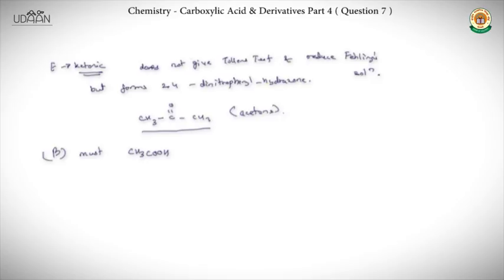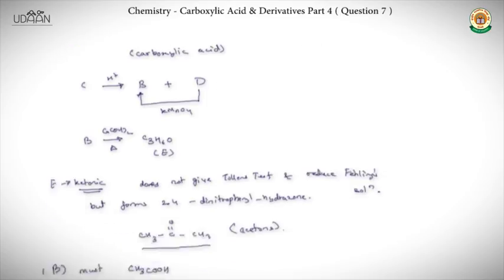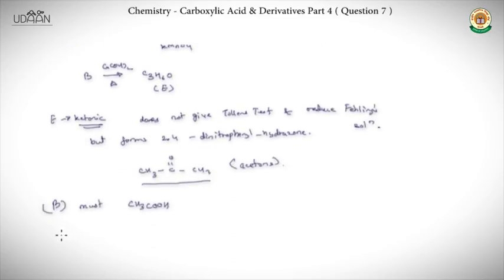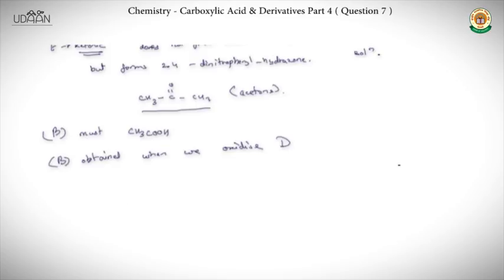And now, as we know that B is obtained by oxidation of D, the compound D must be an alcohol with the molecular formula CH3CH2OH.